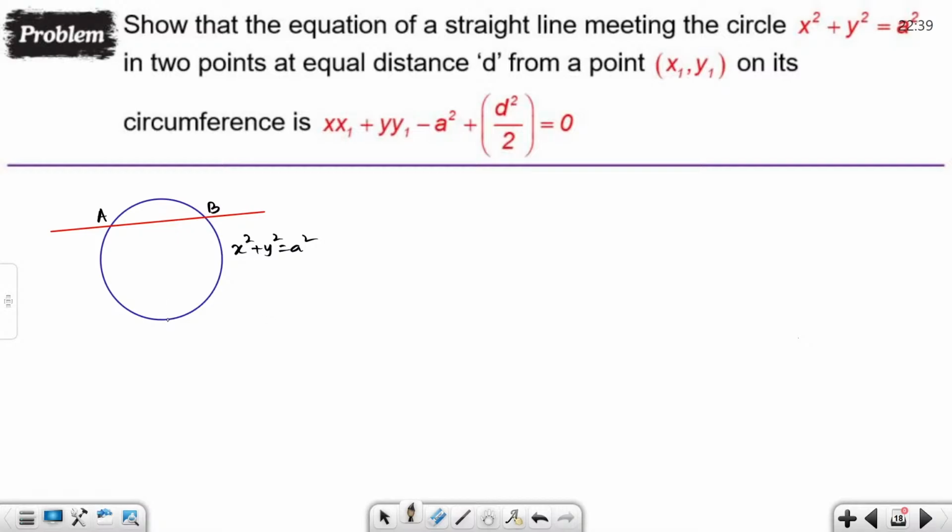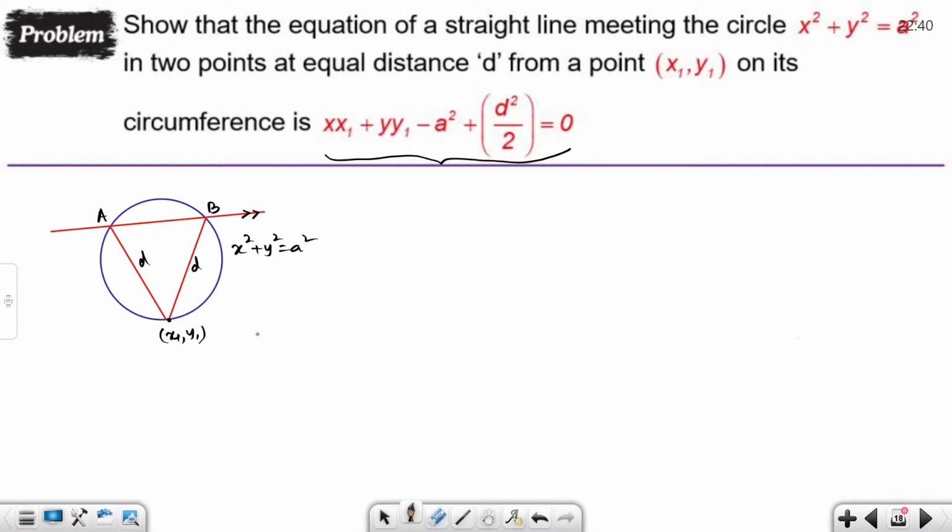That is, they have said that there is a point x1, y1 such that the lines joined from this point to A and B are of equal length, equal length D. That much is said to us, and we have to prove that the equation of this straight line is whatever is given to us. This is the equation of this straight line.